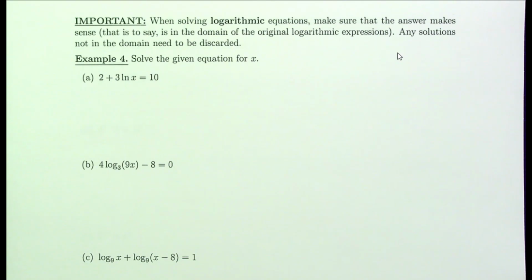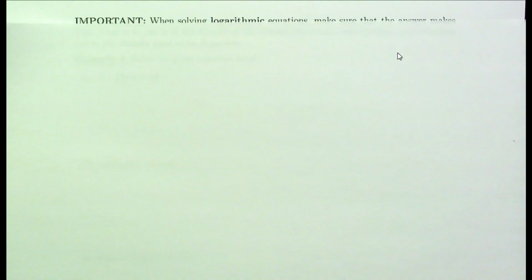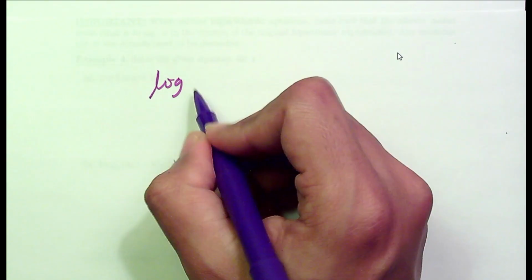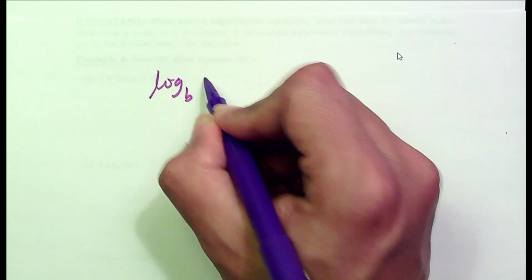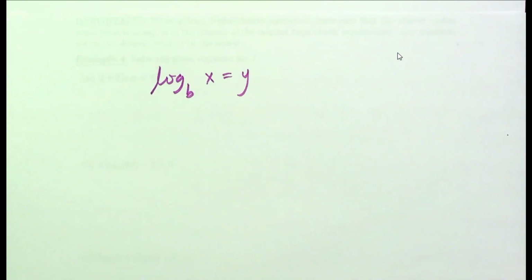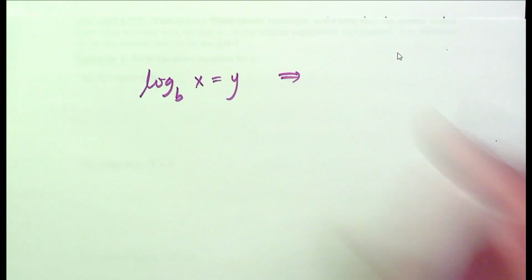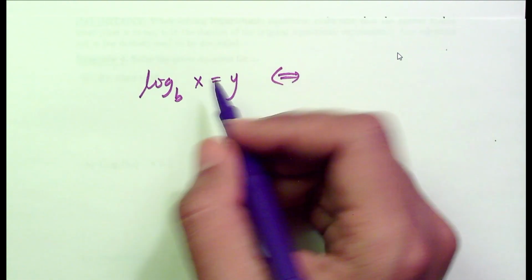Okay, so for this we're going to use the little diagram for interpreting logarithms in terms of exponents. So it was like this. Suppose we have log base b of x equals y. If you have such an equation, you can translate this using the diagram that I showed you.